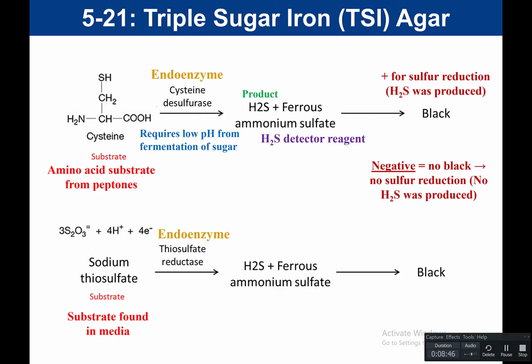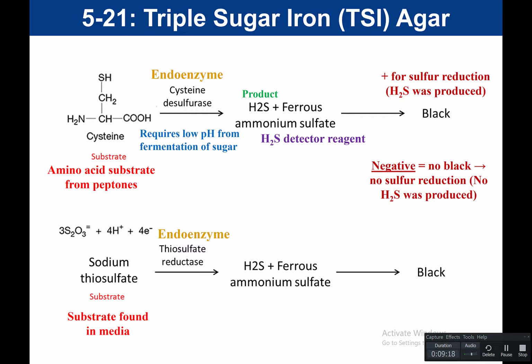Your enzymes are going to be the cysteine desulfurase and thiosulfate reductase, both of which are endoenzymes. And the product for both, so this is where it all becomes the same, is going to be the hydrogen sulfide. The reagent is the ferrous ammonium sulfate, and positive would be black, because what that tells us is that sulfur was reduced and H2S was produced.